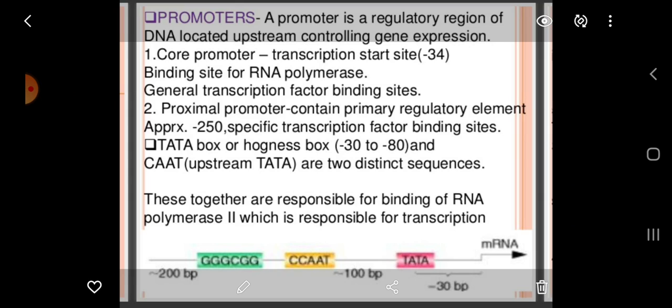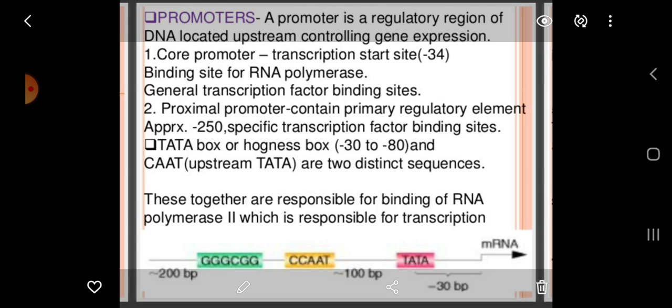Second is the proximal promoter containing primary regulatory elements, approximately -250 base pair, with sequence specific transcription factor binding sites.